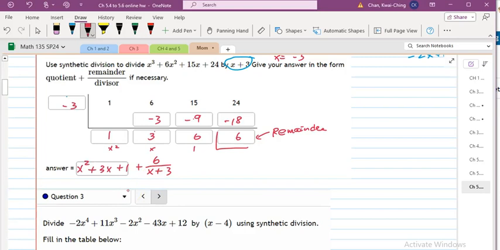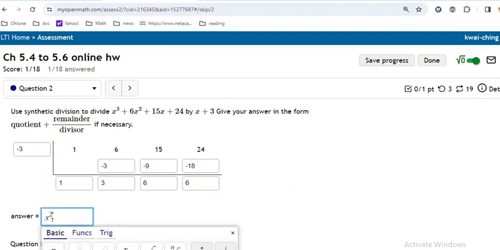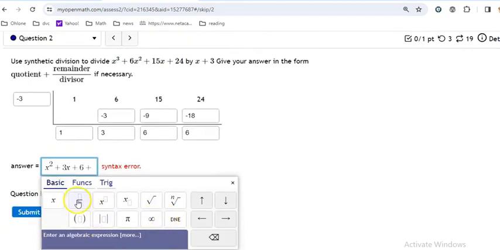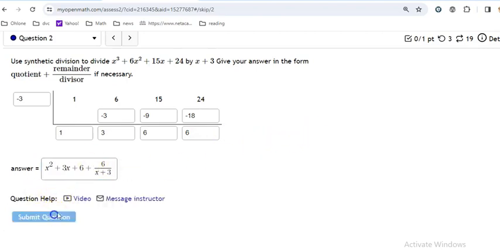Oh, yeah. It should be x squared plus 3x plus 6, and then 6 over x plus 3. So x squared plus 3x plus 6 plus a fraction of 6 over x plus 3, the divisor.